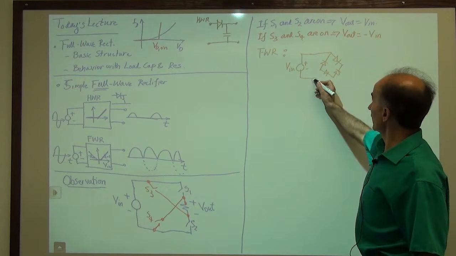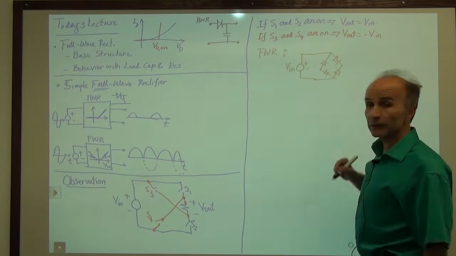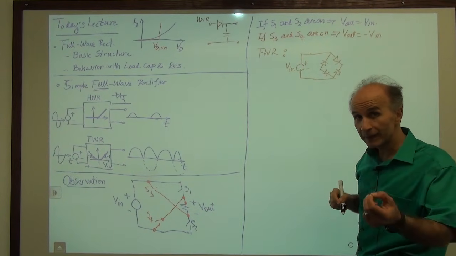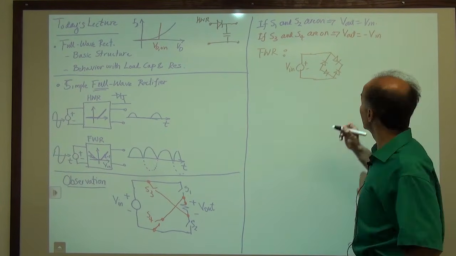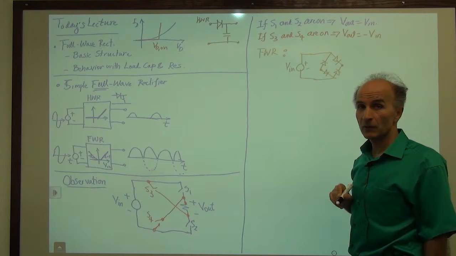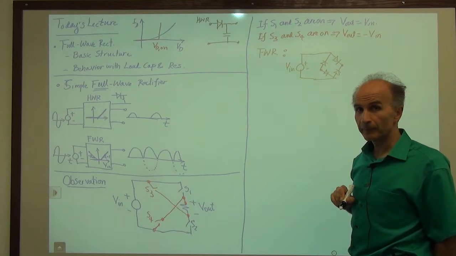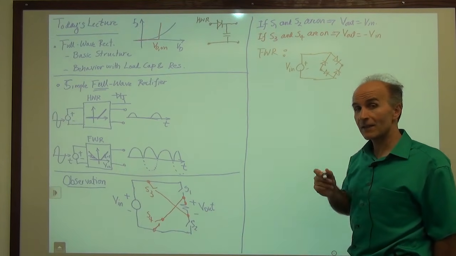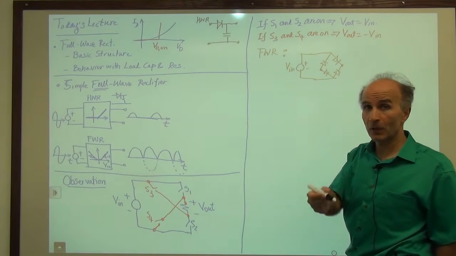The input voltage is connected to this point and this point, and the output is taken between here and here. Strange, but true. Okay? So the output does not share any terminals with the input.